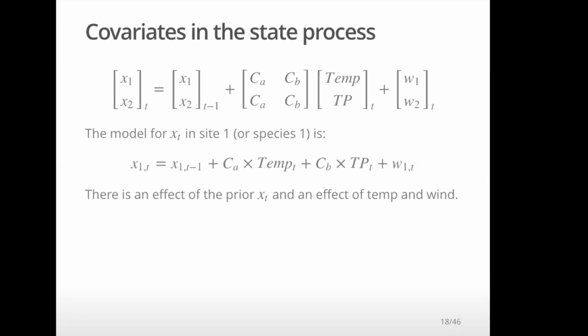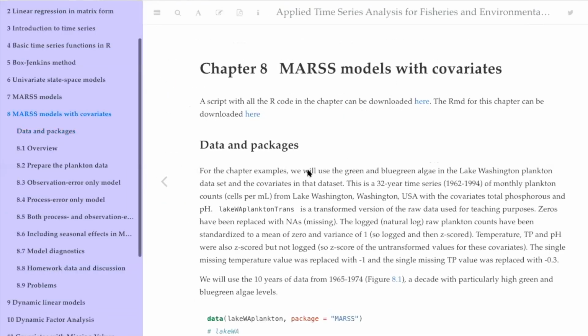In the lab, in chapter 8, I walked through an example of studying this with the Lake Washington plankton. It's a problematic example because it's not clear cut. When you show things to students, what you would like to show is that it was completely obvious where to put the covariates.